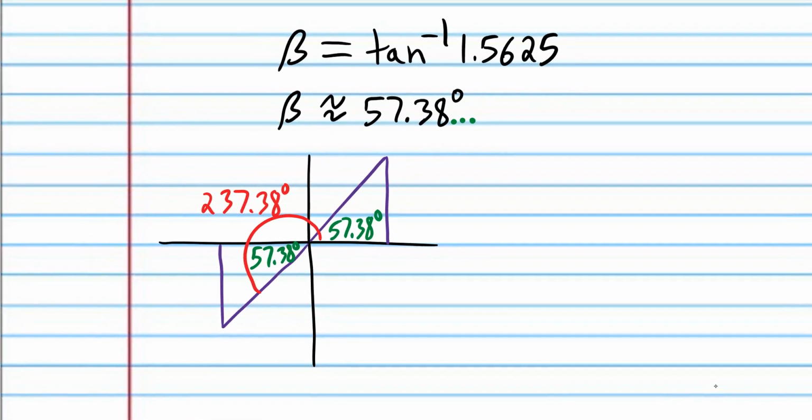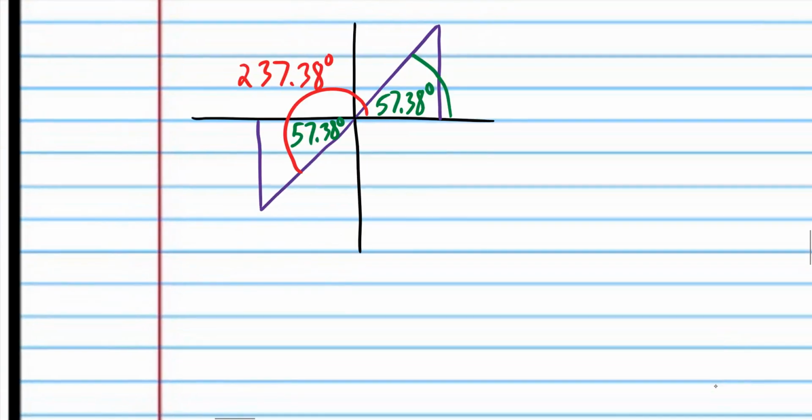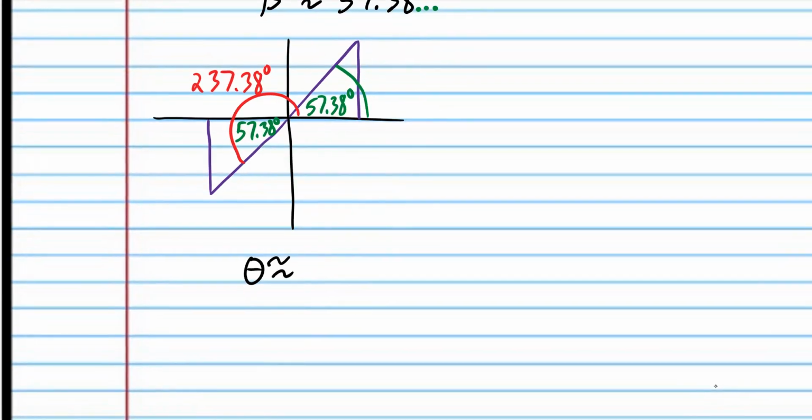And the first angle is this green 57.38 angle. So the good news is we don't have to convert to radians with this problem. It doesn't tell us to do that. So we have two solutions, 57.38 degrees and 237.38 degrees.